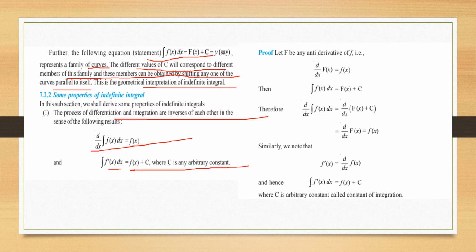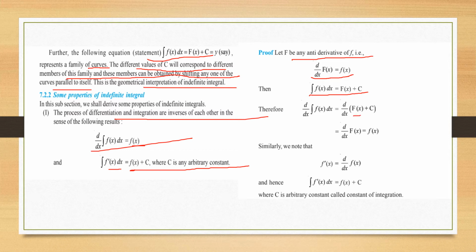See, let capital F be the antiderivative of the function f. So d/dx of capital F(x) is f(x), okay? F is the antiderivative. Now, if I take the integral f(x) dx equal to F(x) plus c, okay? Now take d/dx on both sides. So d/dx of this complete will be equal to d/dx of this complete, okay?